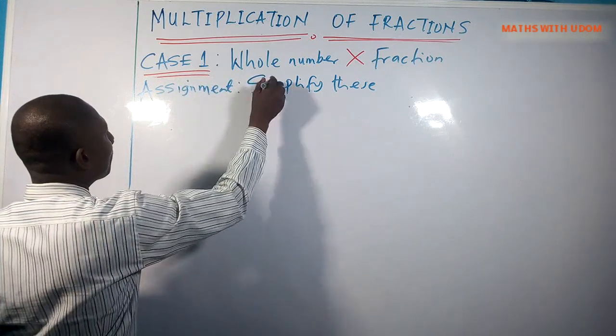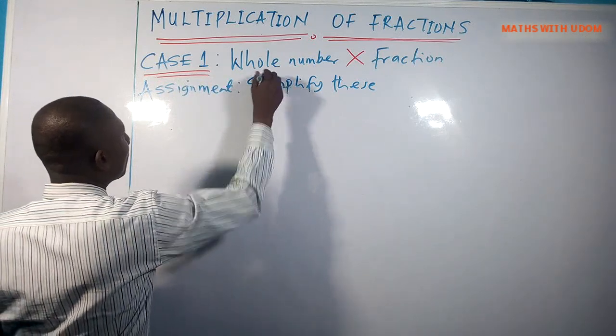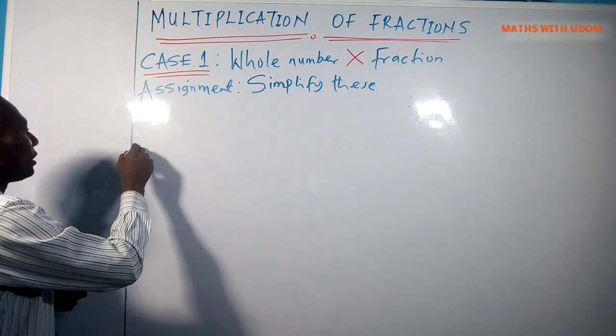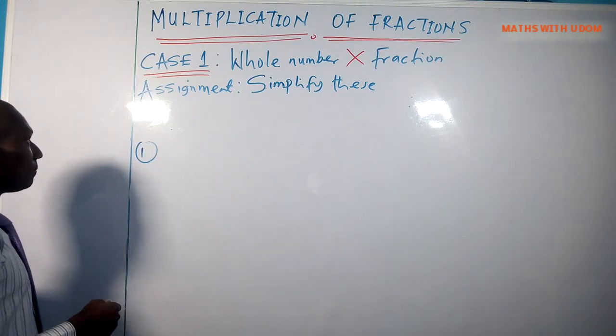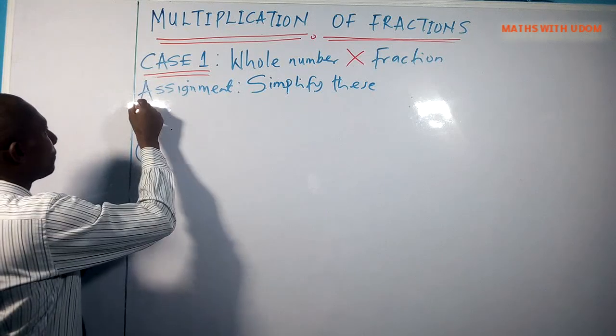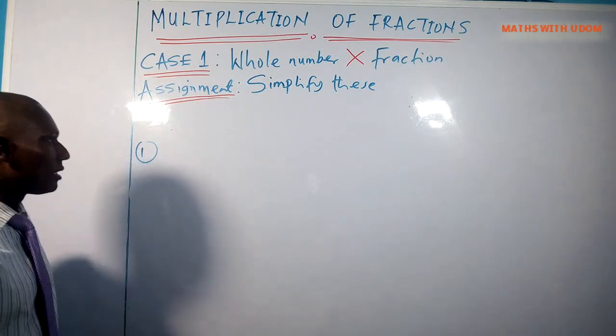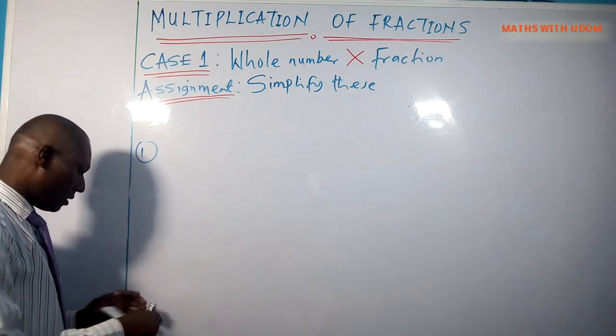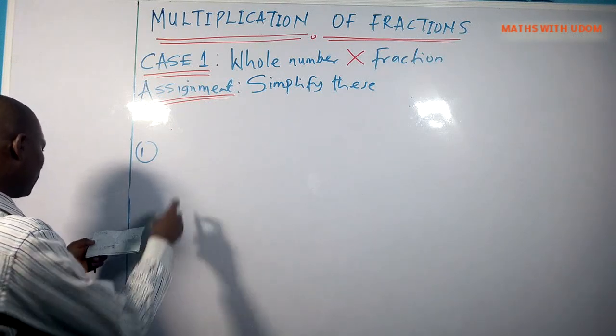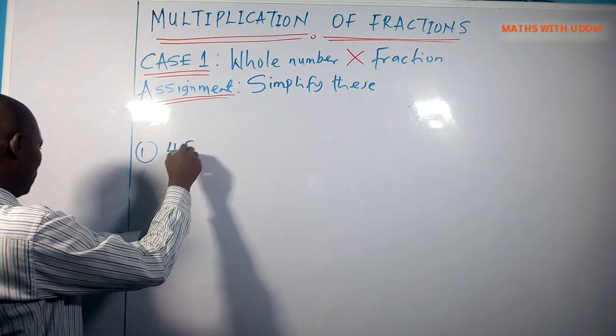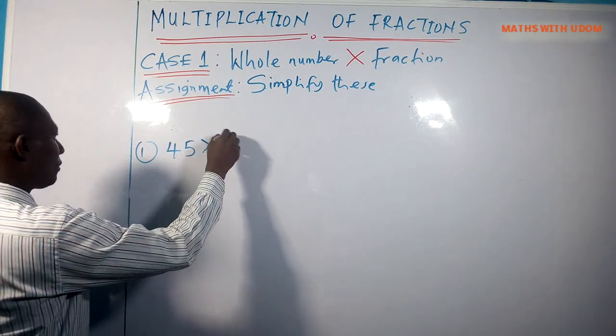Simplify the following. All right? So what are the fractions? Number 1, 45 times 2 over 9.